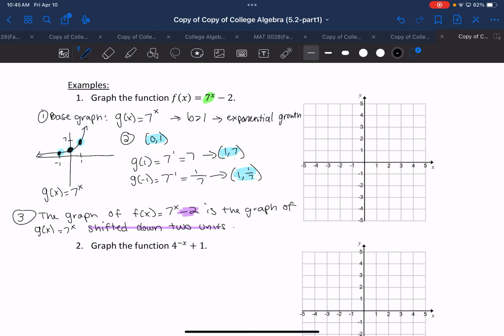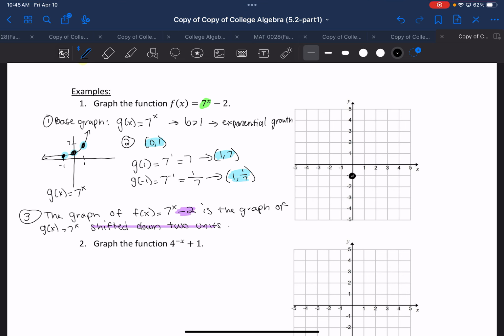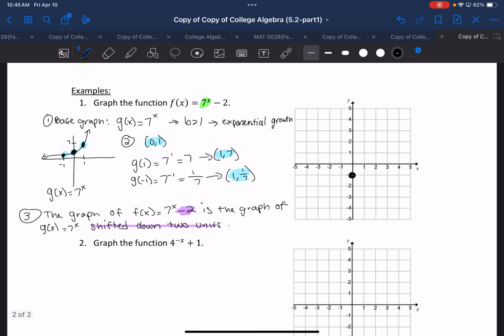So (0, 1), this point here, will become (0, -1). And (1, 7) would become what?